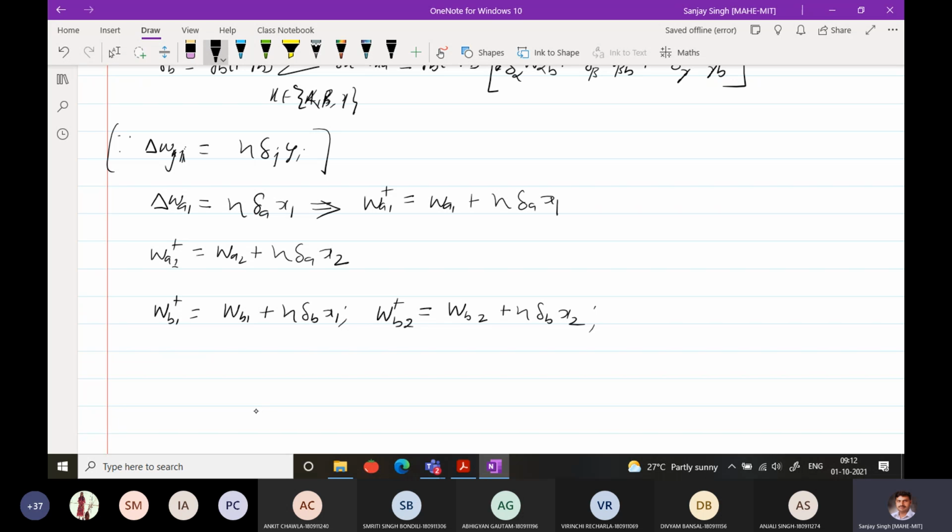Now, sometimes in some books they mention something like W1 A1 or W1 B1, indicating that these are the weights corresponding to layer 1, layer 2 likewise.